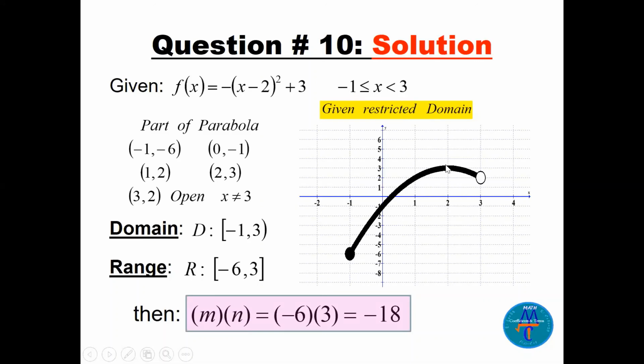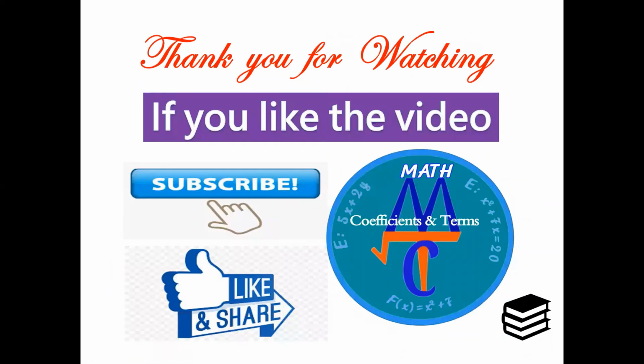So now there's a point here at 2. See, if you put 2 here, the maximum value will be 3 there. So the range becomes closed from minus 6, closed until 3, because this 2 is below that point 3. Now m times n will be minus 6 times 3, which is minus 18. This is the first 10 questions out of the 30.